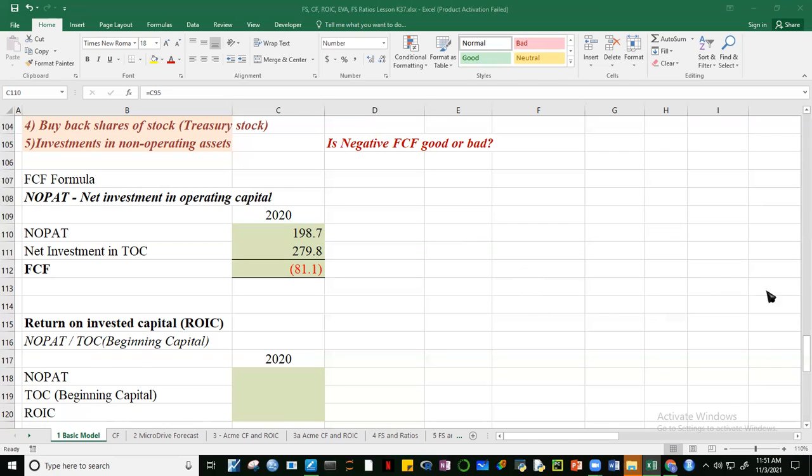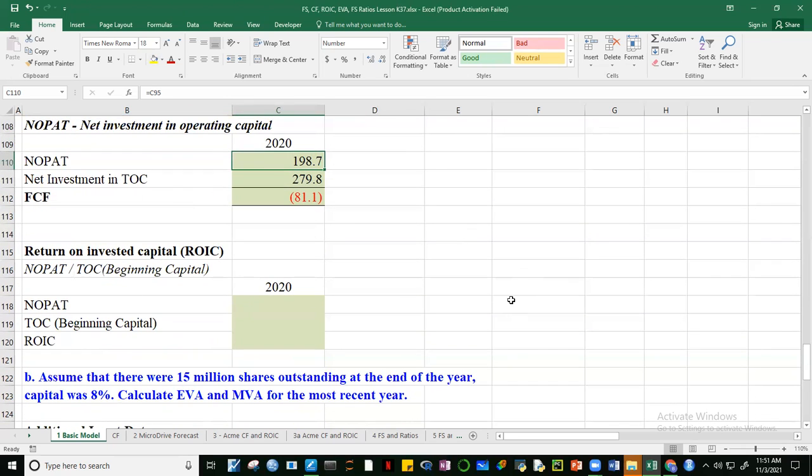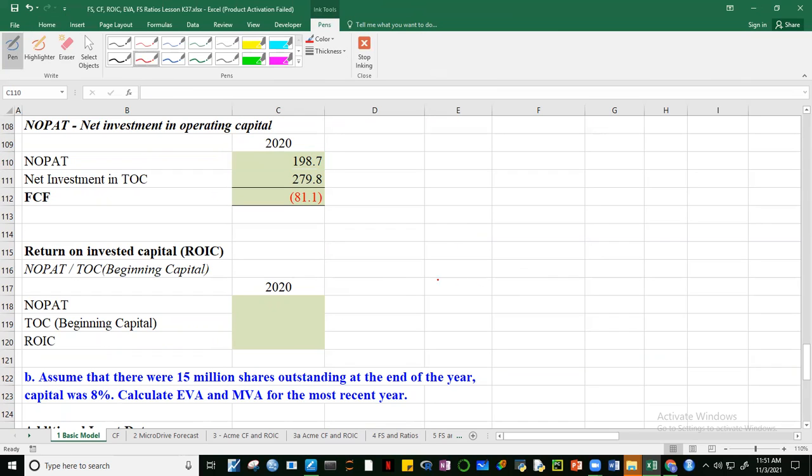Okay, so let's now go, guys, to ROIC, return on invested capital. So we're going to go back to our question. Let me write the question, guys: did management create value for shareholders?